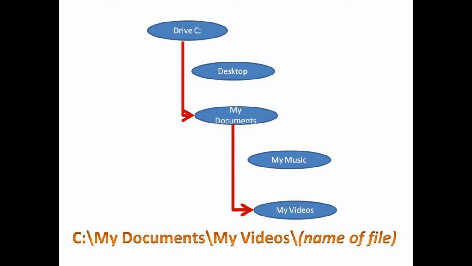So now we realize we can write down our path. In the case of a video stored on my computer, I have C://My Documents/My Videos/ and then the name of a file. And that is a complete path.